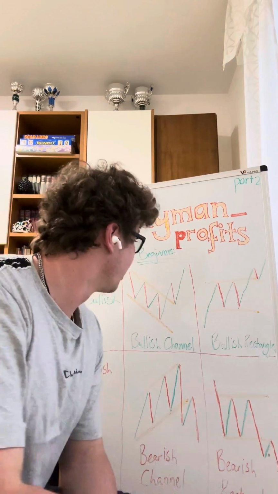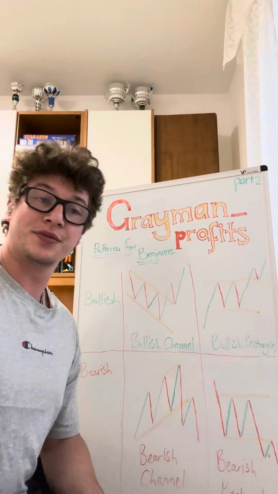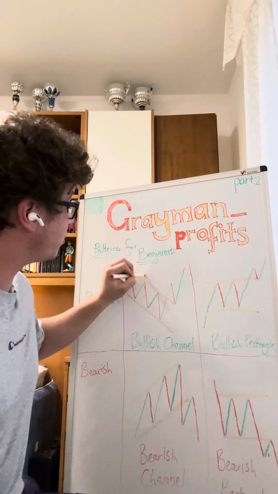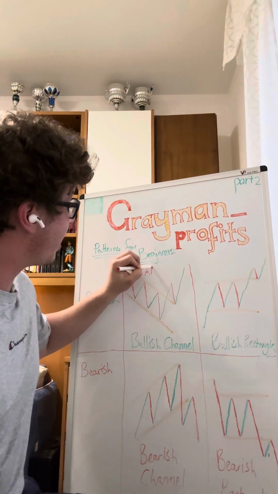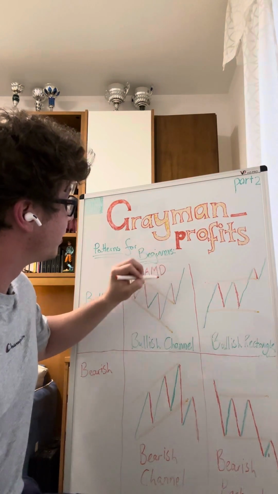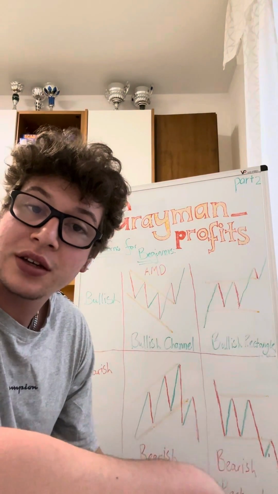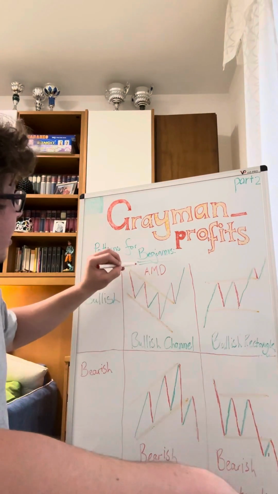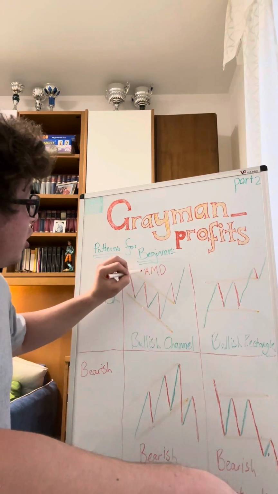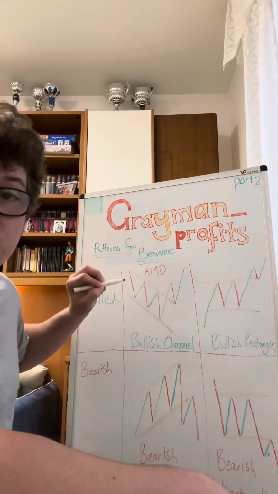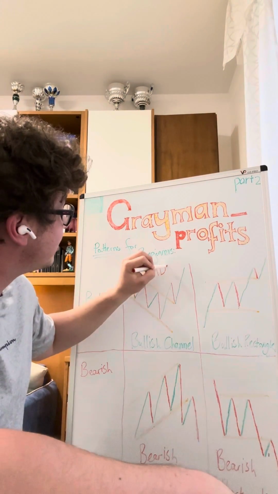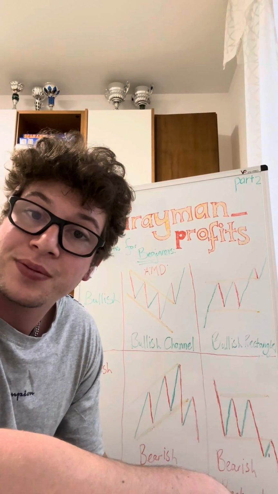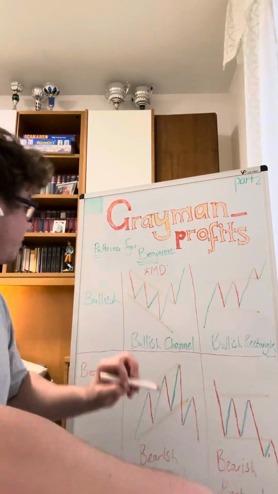All the ones that I've shown here are examples of AMD. And what does AMD stand for? Well, it's what I listed in one of the other videos, but it is accumulation, manipulation, and then finally distribution on a small scale. So let's get into it.